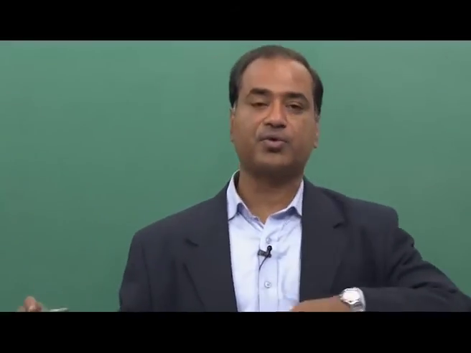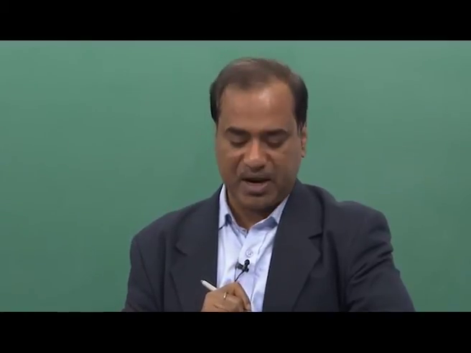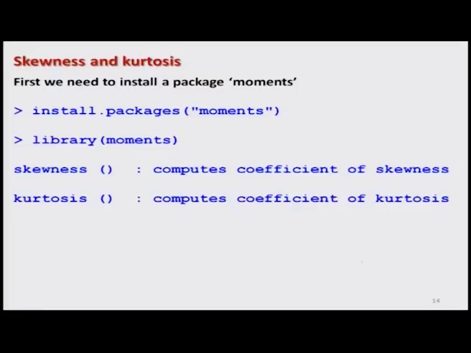In order to compute them in R software, first we need to install a package. This is not built in the base package. So, we consider a package moments, M-O-M-E-N-T-S, and first install it. Then we load it by writing library(moments).